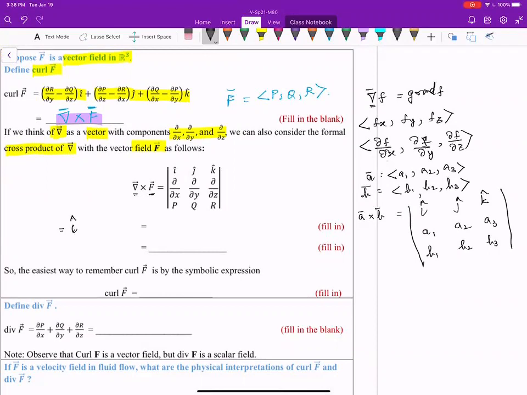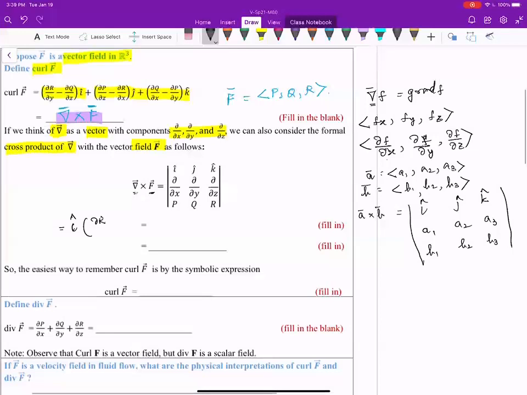Then you go i, then minus j, then positive k, in that order. So i times, you hide the column and the row to which i belongs. Then you are left with dou r by dou y minus dou q by dou z.